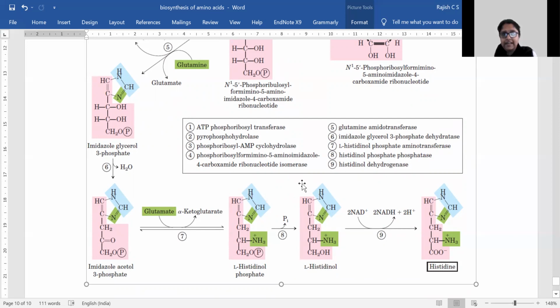Once that is there, we have the removal of the phosphate by a phosphatase, giving the L-histidinol. And once that is there, a dehydrogenase reaction will convert the enol form to the amino acid form, the carboxyl form, and we will end up with histidine.